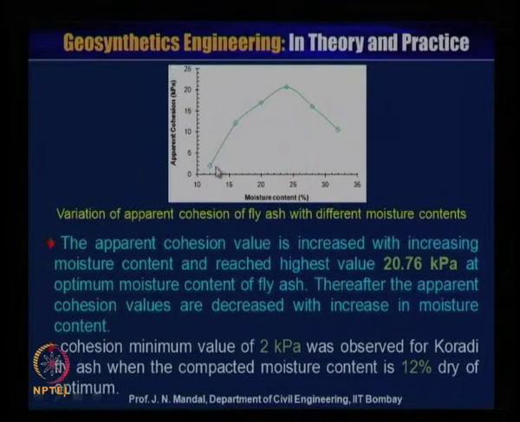So, you can see that the apparent cohesion value is increasing with increasing moisture content, and reaches the highest value, 20.76 kilopascal, at the optimum moisture content of the fly ash, and thereafter the apparent cohesion value decreases with increasing moisture content.